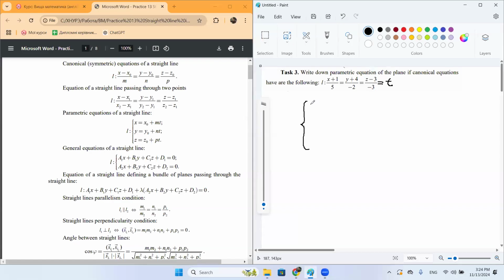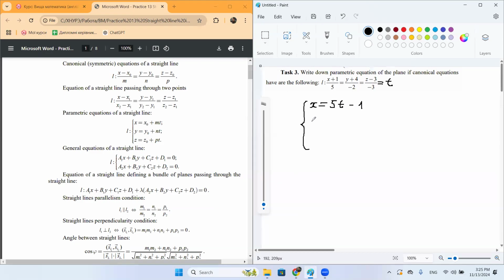So, and we need to resolve it with respect to t. So x plus 1 equals 5t, so x equals 5t minus 1. Yeah, so we can just look at this equation or transform this.